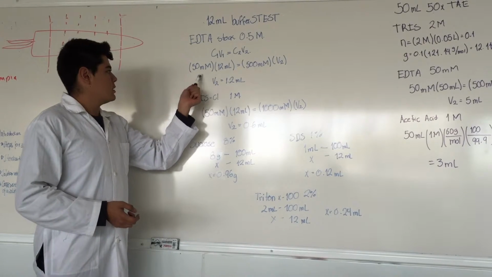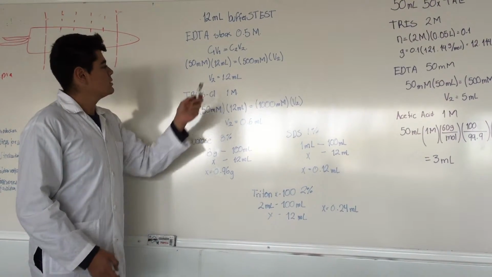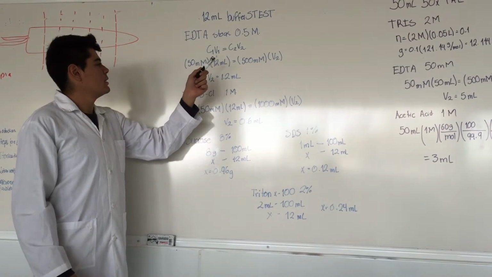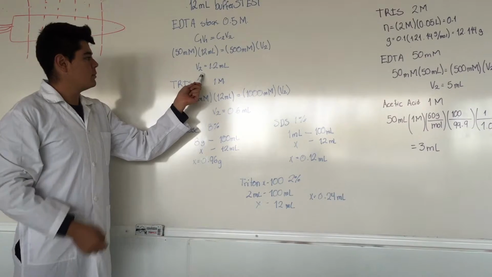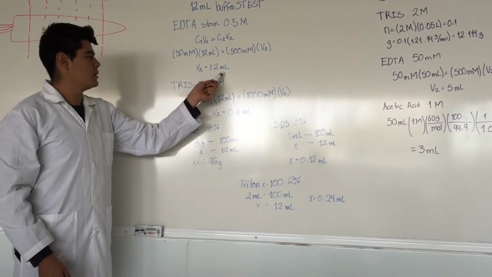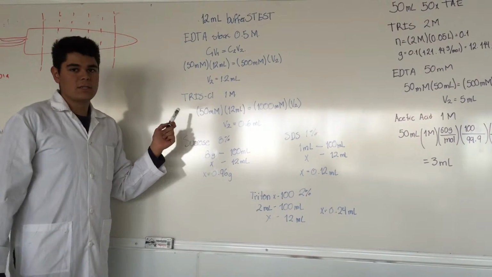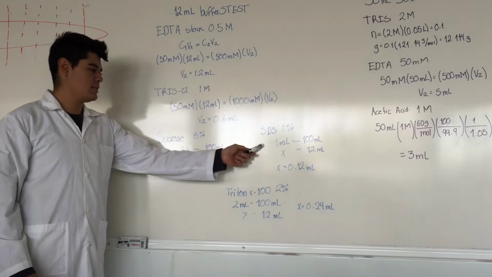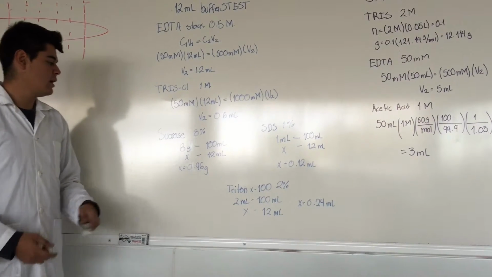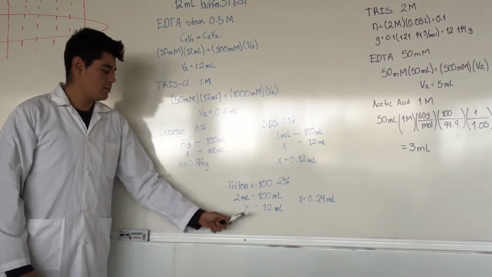As we wish a 15 millimolar solution, we use the relation of concentration and volume. We obtain a volume of 1.2 milliliters of CTAB. For the Tris chloride, we did the same. With the sucrose, the SDS, and Triton, we made a relation of mass to volume and volume to volume.